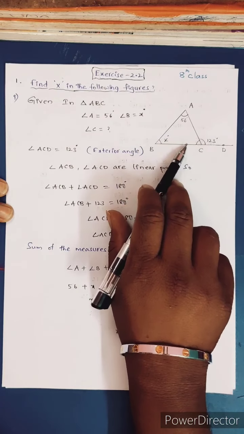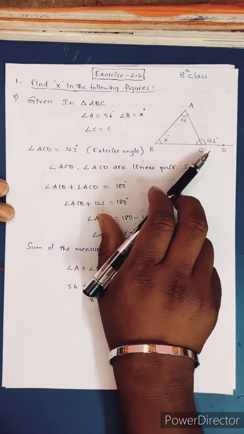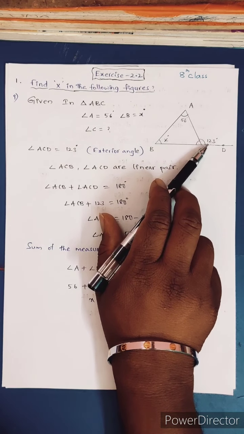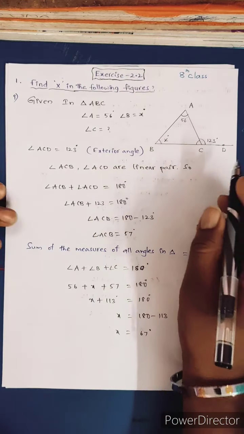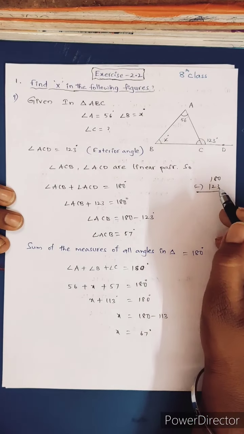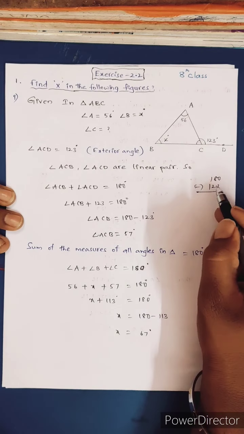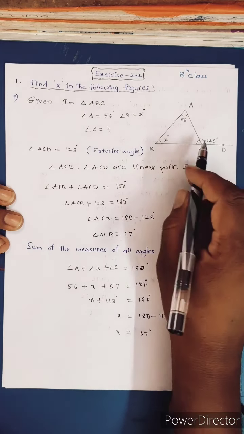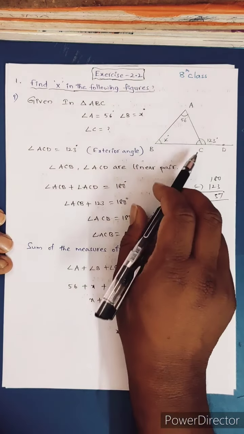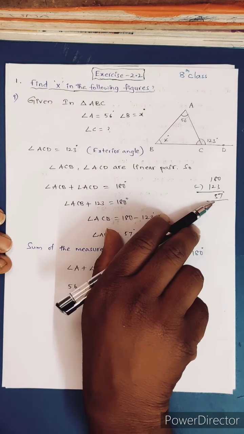So these two are a linear pair. A linear pair is always 180 degrees. If one of the angles is 123 degrees, then the other angle is 180 minus 123, which is 57 degrees. So the interior angle of this triangle at C is 57 degrees.